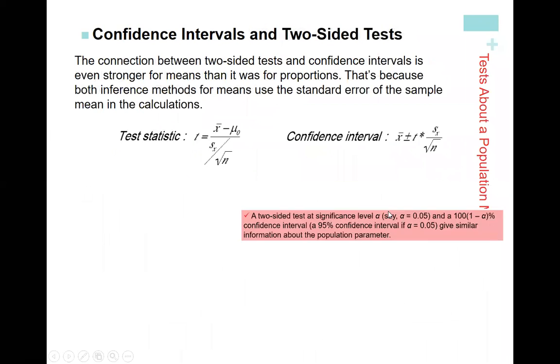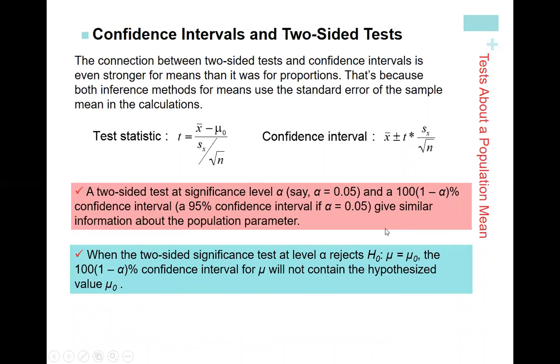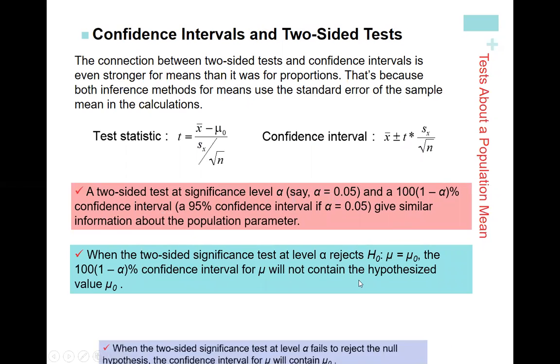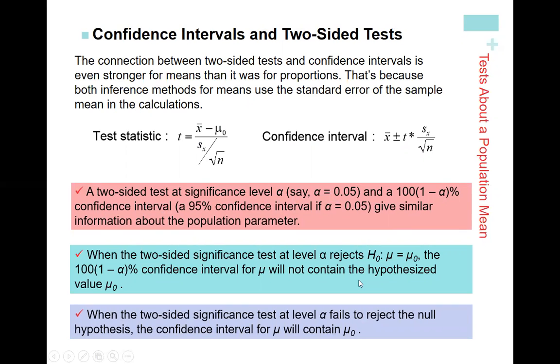So this tells me that, to determine whether we reject or fail to reject the null hypothesis, we can look at the 95% confidence interval and see, is the null hypothesis value in that interval? So when we said 31 was not in that confidence interval, that could lead us to say, oh, that means we're going to reject our two-sided null hypothesis.